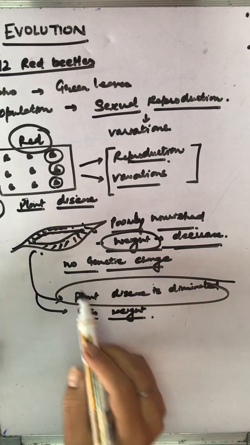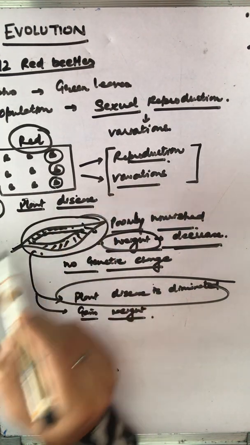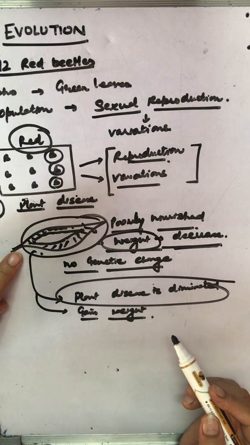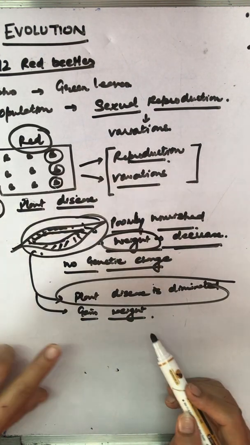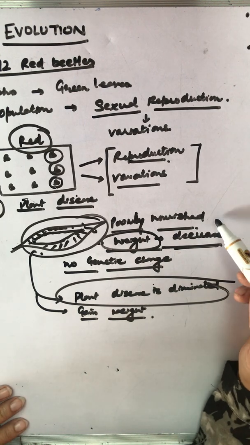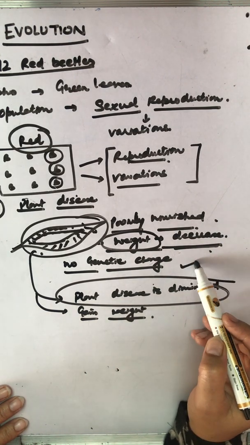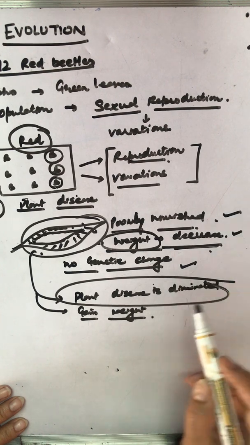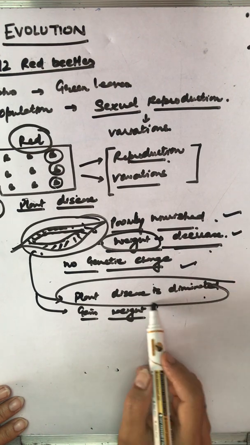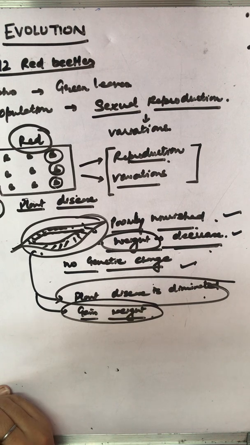Why so? Because now they get almost the entire leaf area, free of this plant disease, and they are well nourished. Here these are poorly nourished, so there is a decrease in the weight. It's not a genetic change. Alright, when the plant disease is eliminated, these beetles will gain weight.